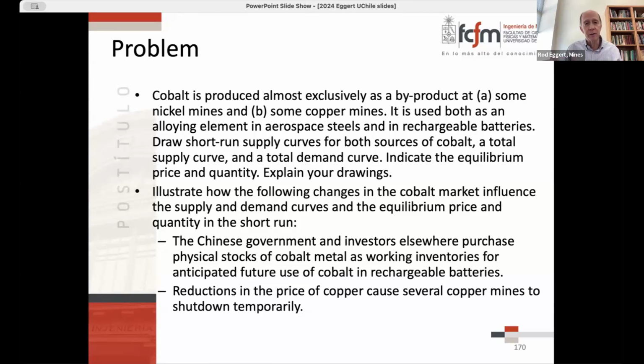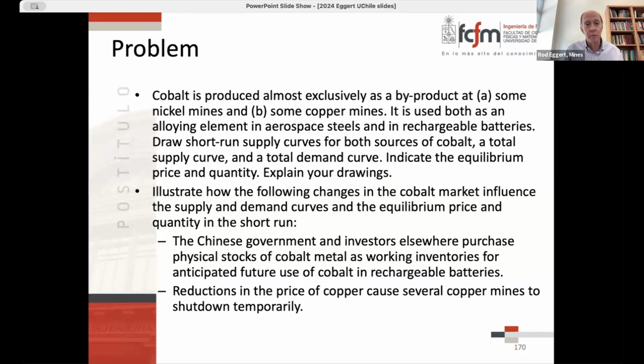In this simplified version of the cobalt market, we have two types of byproduct supply: cobalt produced at nickel mines and cobalt produced at copper mines. On the demand side, again a simplified view, we assume that cobalt is used as an alloying element in aerospace steels, and also as a component of certain lithium-based rechargeable batteries.